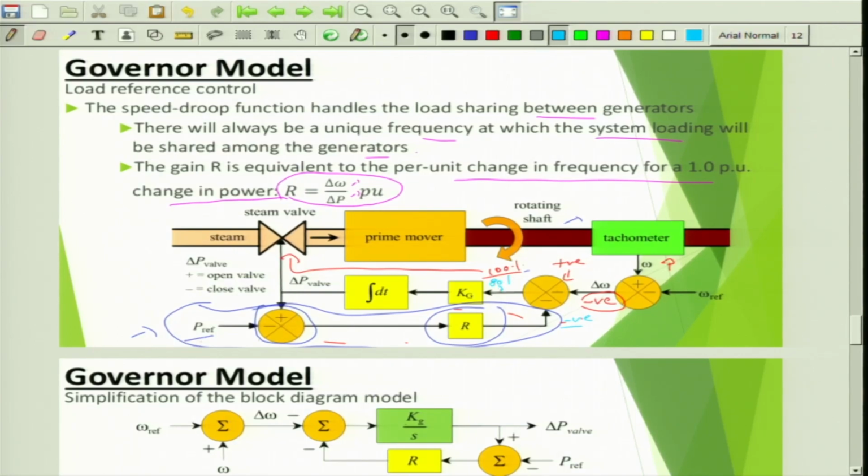It could be 80%, 50% or 30%, 20%, it could be any number, but it will be less than the previous number, and that will be shared based on their capacity. So again this will be applied to the integrator control. So the appropriate valve opening is being catered such that all the generators which are running in parallel will share the change in load, and the frequency will be adjusted with a cumulative effect basically.